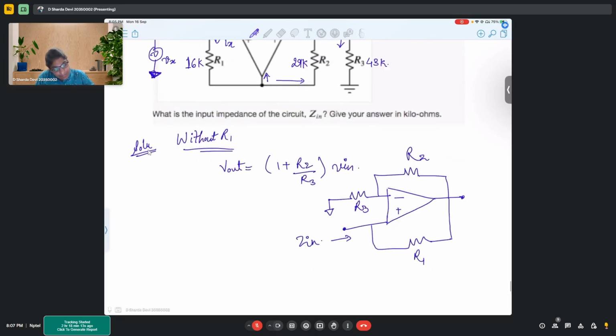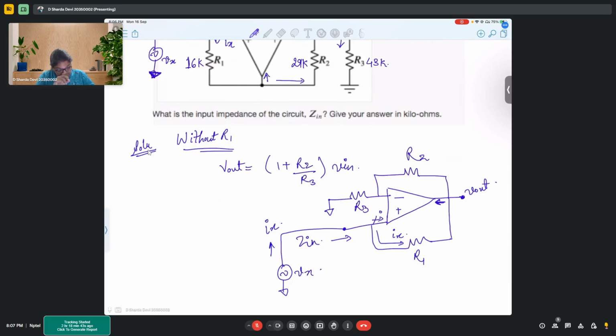Now, suppose here you have a Vx, it carries a current Ix. So there won't be any current flowing through this, so this will experience Ix. This is V out. The problem is this particular part of current, right?